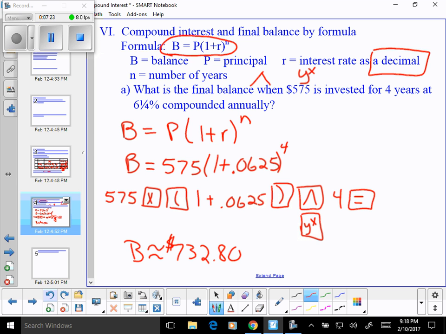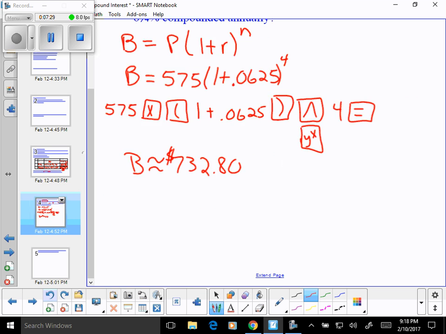Now, I'll be honest with you, I don't do it this way. I actually do my power first. You might want to try it this way, and sometimes it's easier to remember because you're going to be pressing fewer keys. I add this part in my head because I can, and hopefully you should too, because all it's really going to be is 1.0625. So whatever your interest rate is, as a decimal, you just put the 1 in front of it, okay?